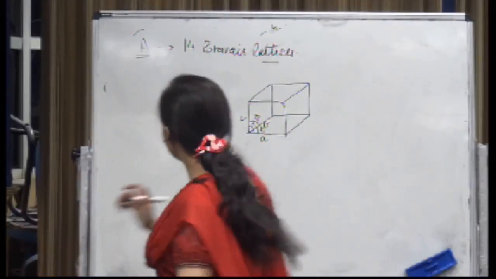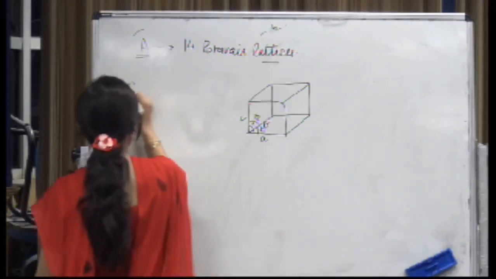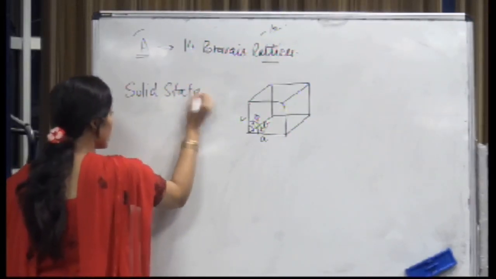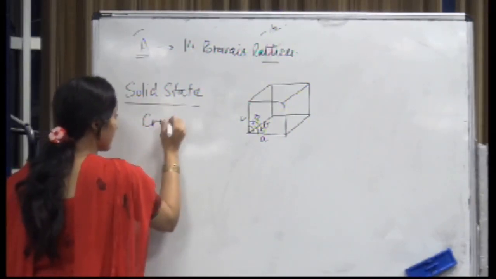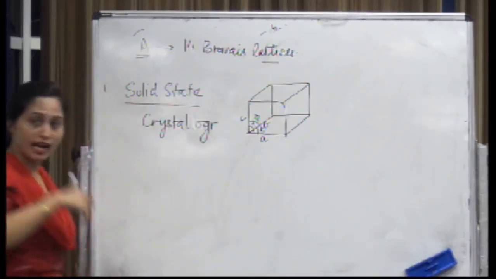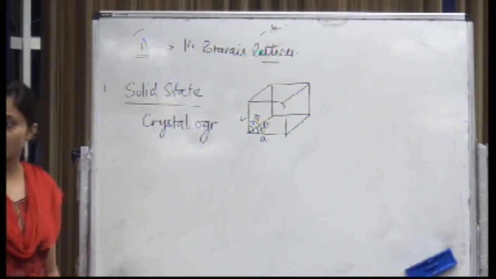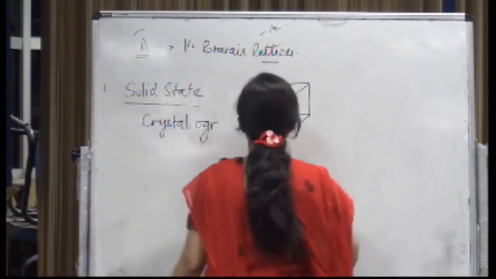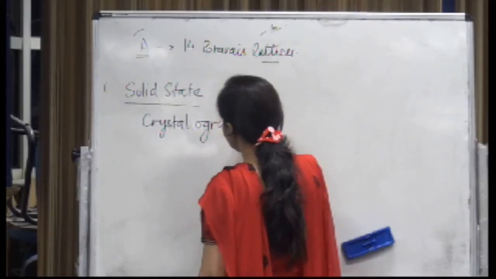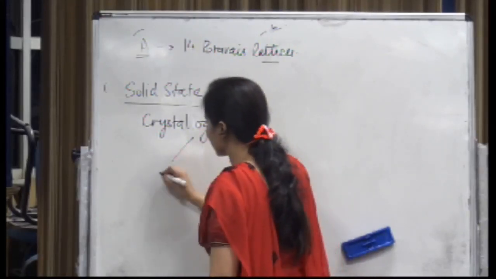In fact, solid state is related to the study of crystallography, because it gives you information about the kind of structure that a crystal possesses. There are 2 laws in crystallography.